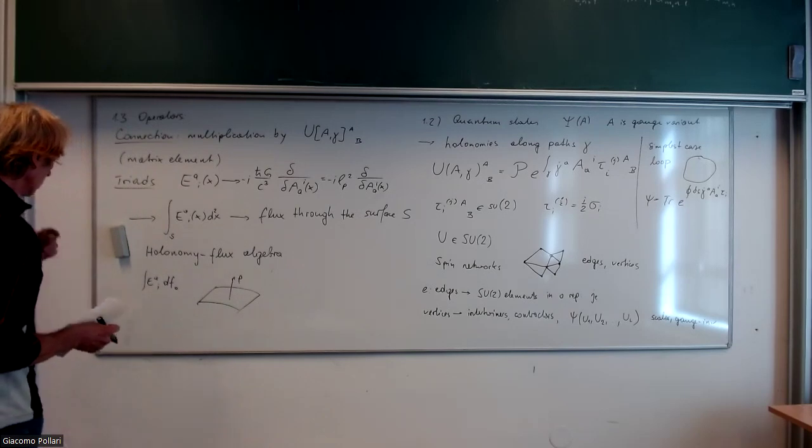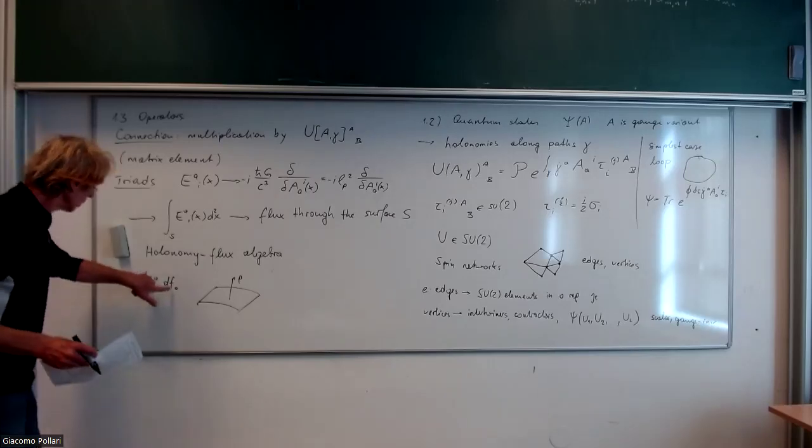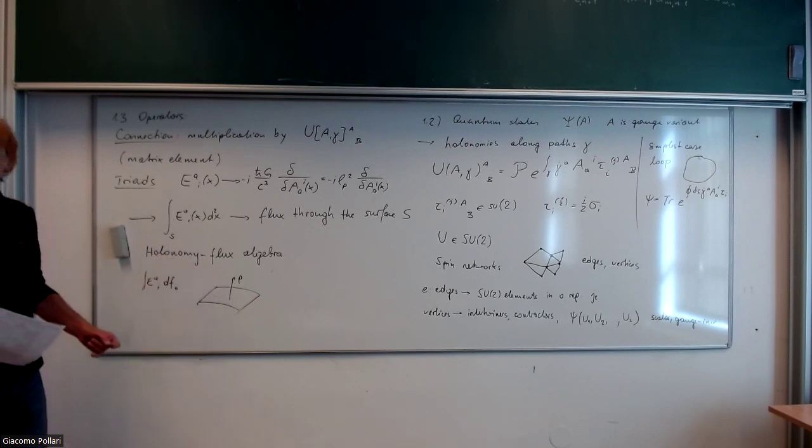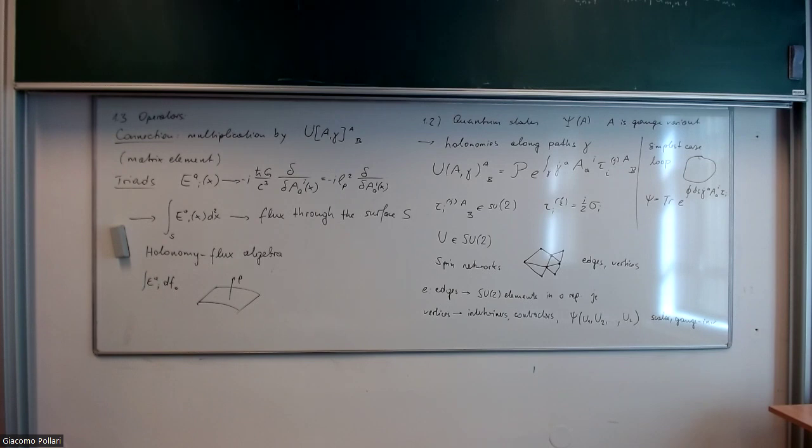This is like a vector indeed. It's not like a form. No, but in this way you can integrate. The point is that E is a vector field, one vector field in dimension 3.